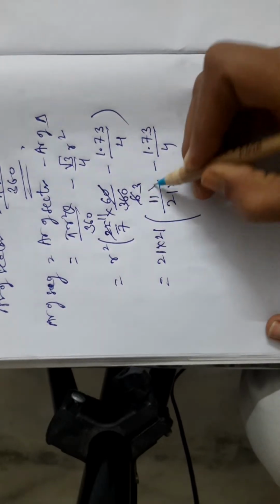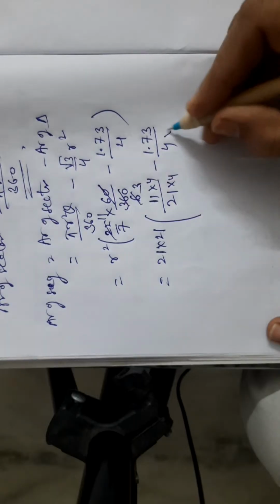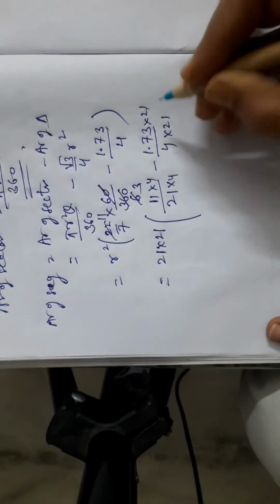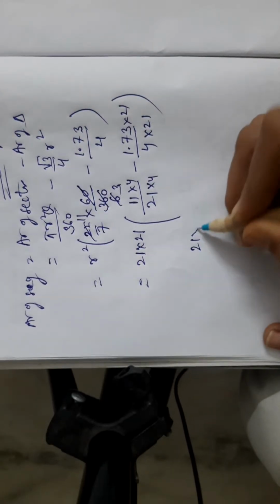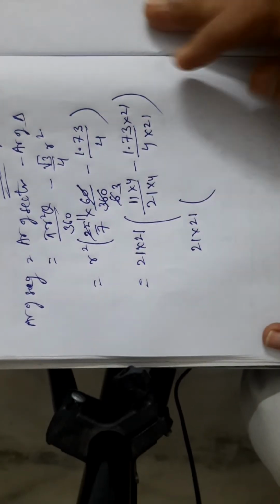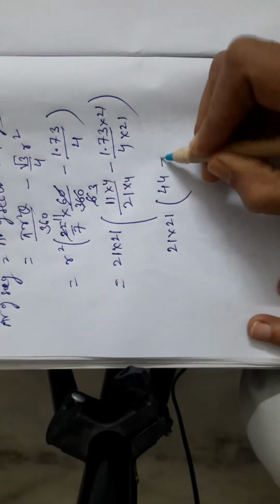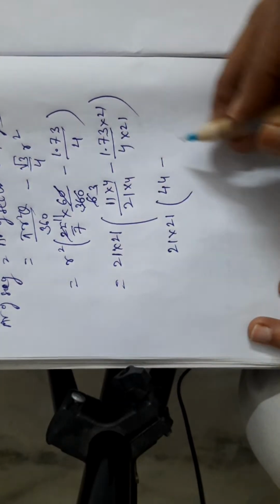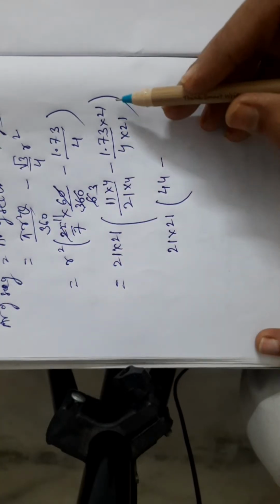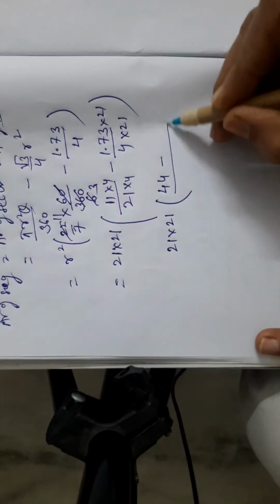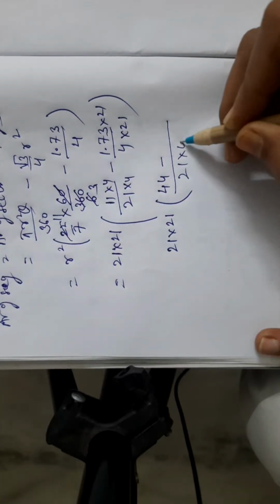Multiply 4 to the first fraction and 21 to the second fraction. Overall, 21 multiplied by 21, 44 minus, will you say the answer, 1.73 multiplied by 21, whole divided by 21 multiplied by 4.